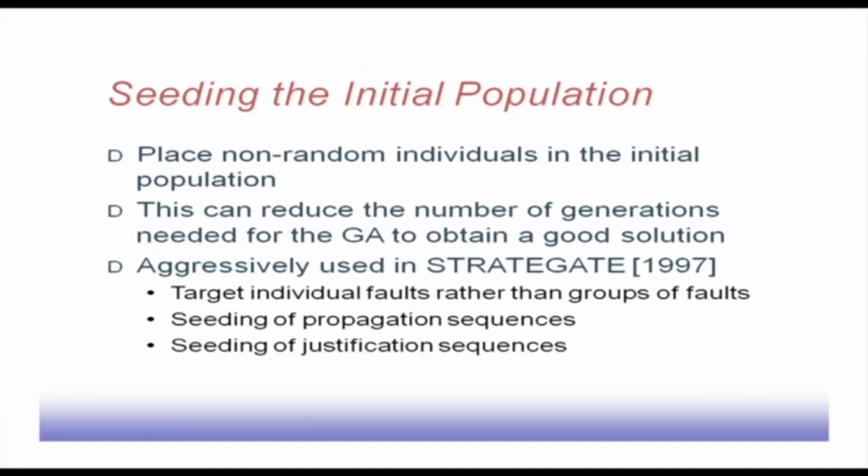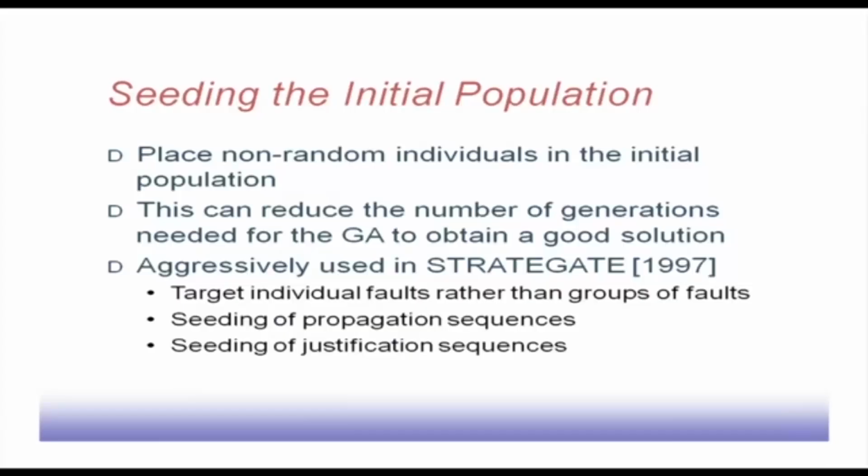There are some approaches to improve the quality of the solution produced by the GA. One possibility is to seed the initial population. What we have said previously is that the initial population is generated randomly. The problem is that a random initial population may not have many good solutions in it, so evolution becomes a question.